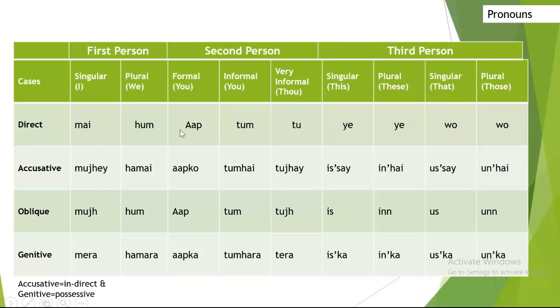Now let's move to the second person, formal, and we'll use the same example. आप पानी पीते हैं. And the informal you would be तुम पानी पीते हो.